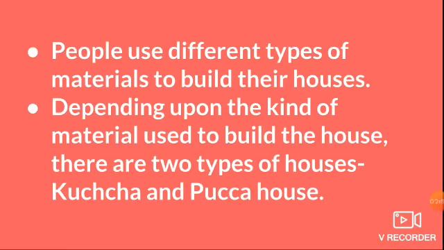Depending upon the kind of material used to build the house, there are mainly two types of houses, that is the kacha house and the pakka house.